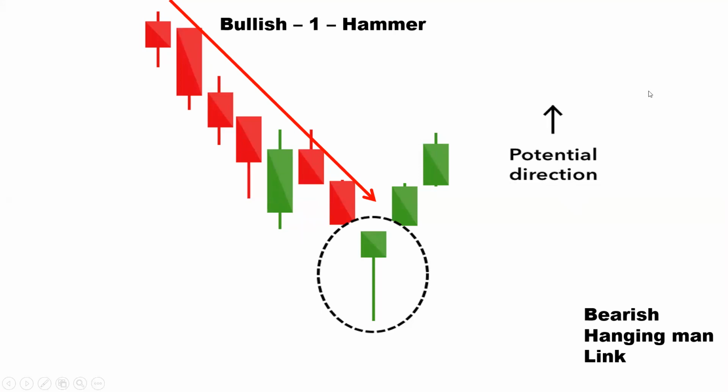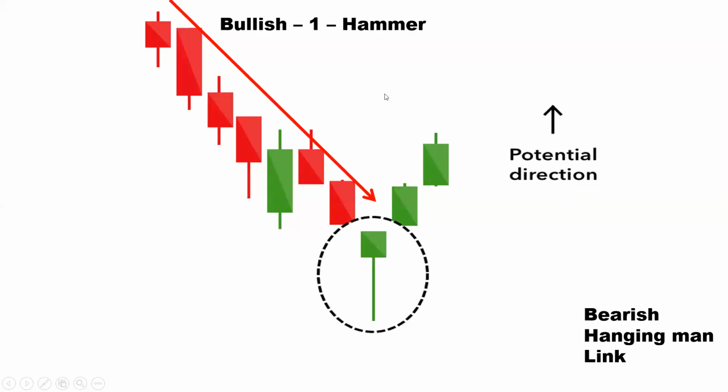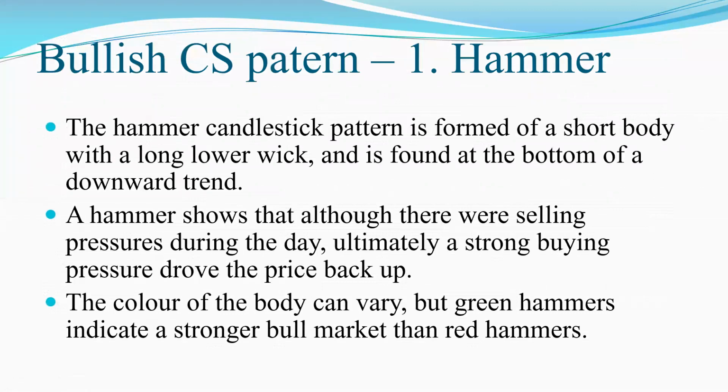Once again, coming back to the stock. So let us see the hammer write-up. The hammer pattern is formed with a short body and a long lower wick, found at the bottom. It shows that there is a high amount of selling pressure, then ultimately some buying pressure came up.